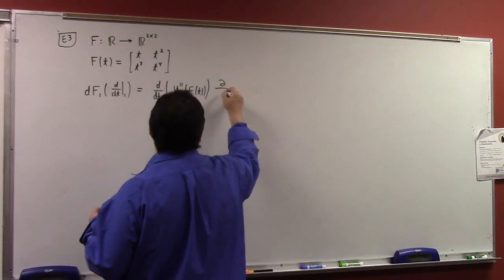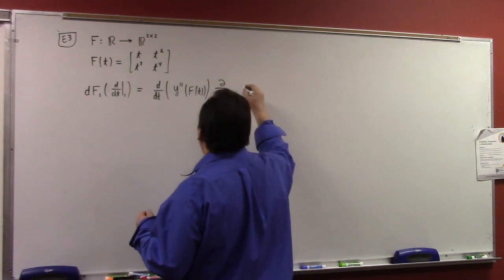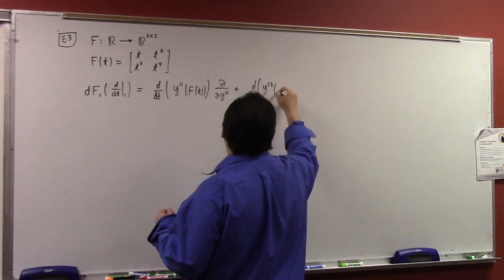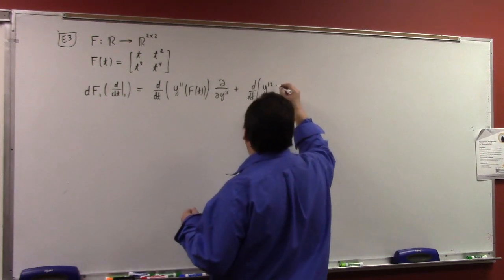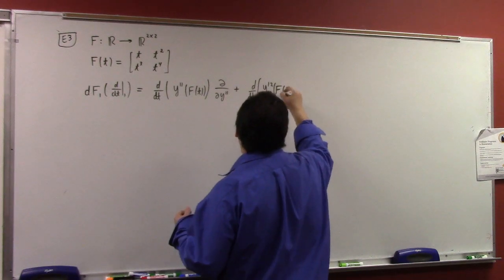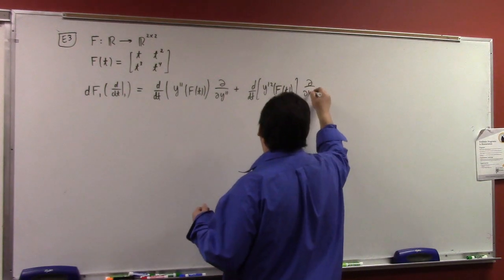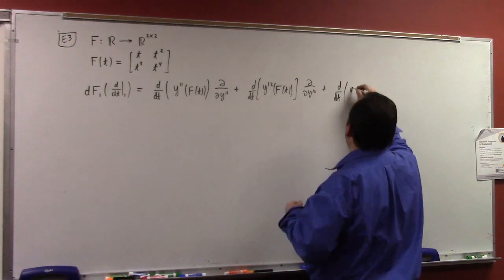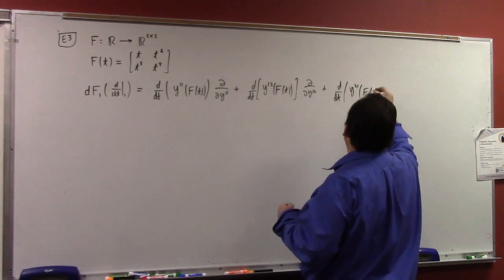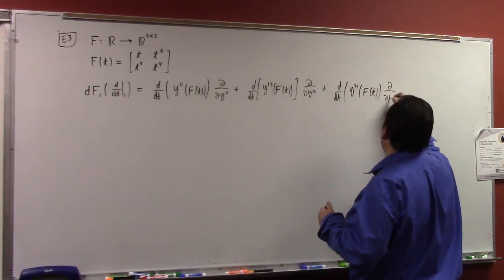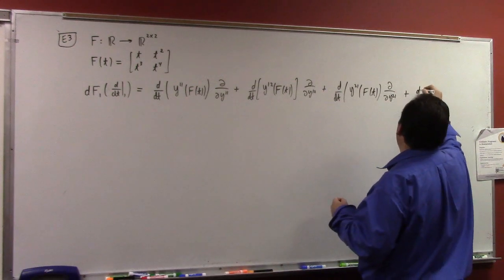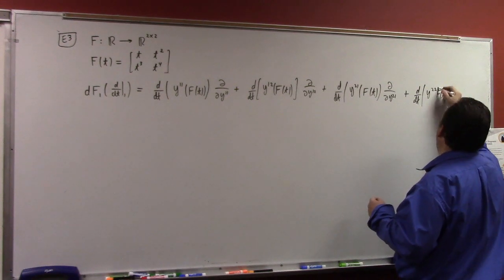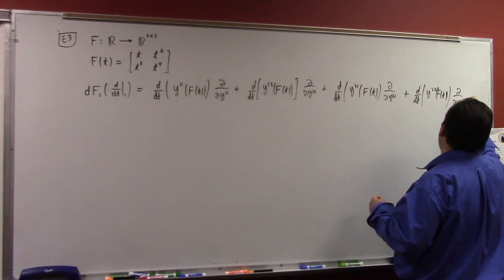And then you do partial y11, and then d/dt of y12 of f of t, partial y12, plus d/dt of y21 of f of t, partial y21, plus d/dt of y22 of f of t, partial y22.